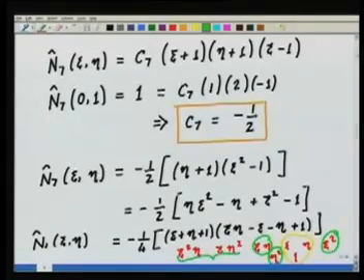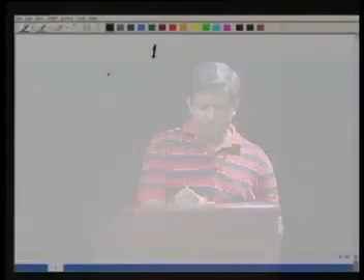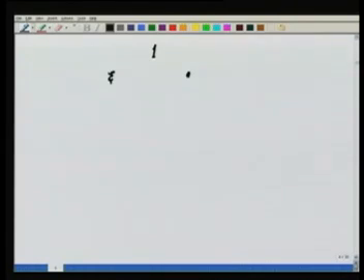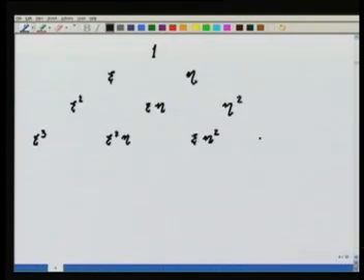So if we go back to our Pascal triangle, the Pascal triangle was, if you remember, in terms of psi, eta: 1, psi, eta, psi squared, psi eta, eta squared, psi cubed, eta cubed. So the Pascal triangle for the quadratic will have only this part.